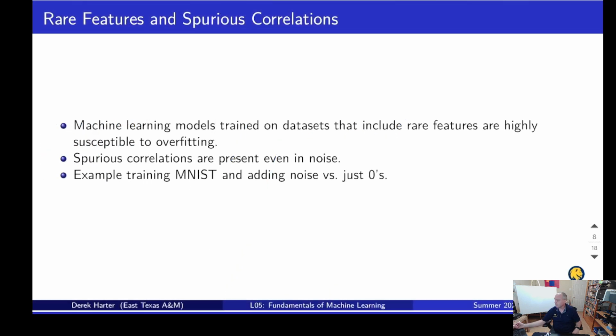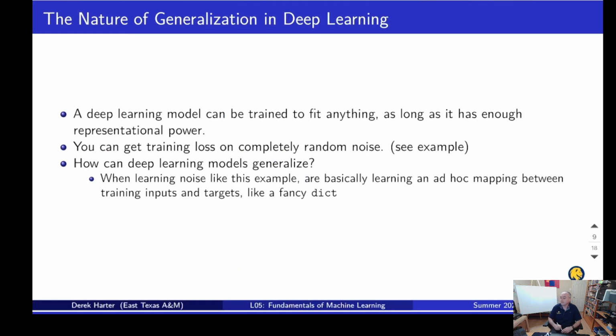So another thing that you really should understand about neural networks and deep learning especially is that a deep learning model can be trained to fit anything, as we've already mentioned, as long as it has enough representational power, right?